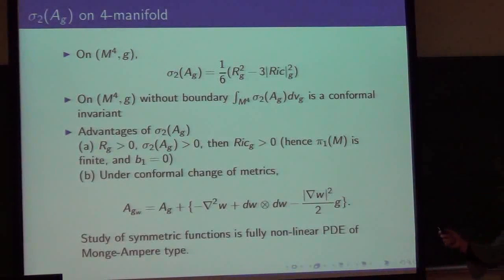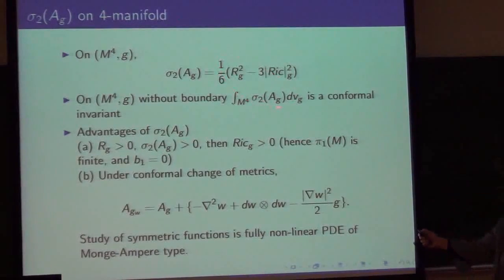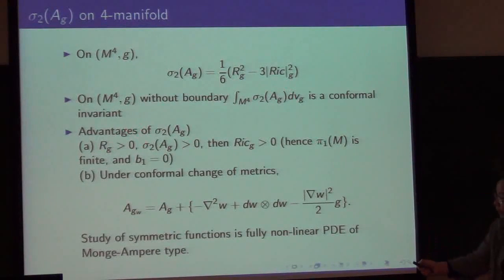Let's look at it pointwise: a scalar curvature squared minus 3 Ricci squared. Suppose on a manifold the scalar curvature is positive, and the second symmetric function is positive. Then, with two positive quantities, it turns out the Schouten tensor, a 4 by 4 matrix, becomes a positive definite matrix.